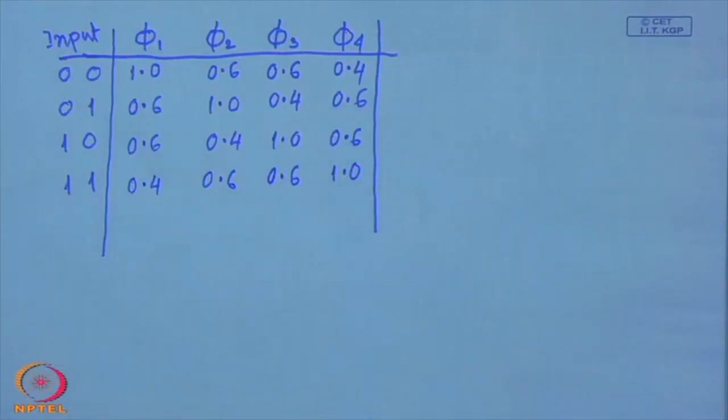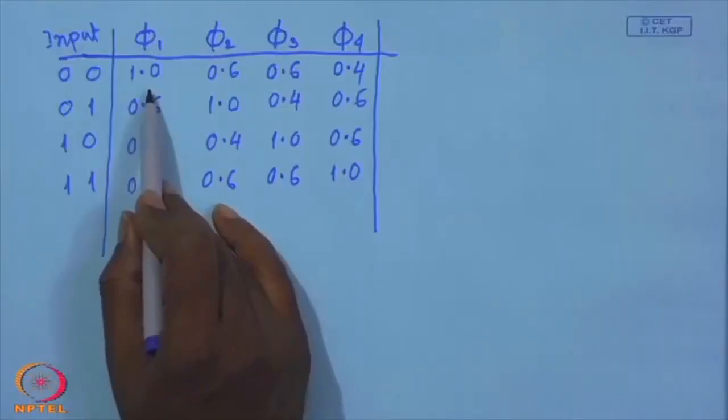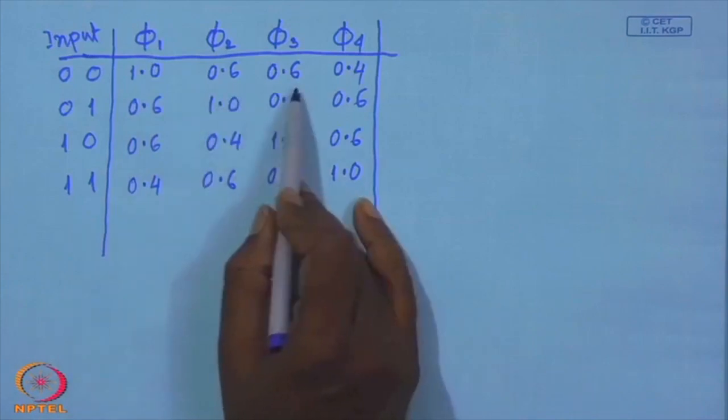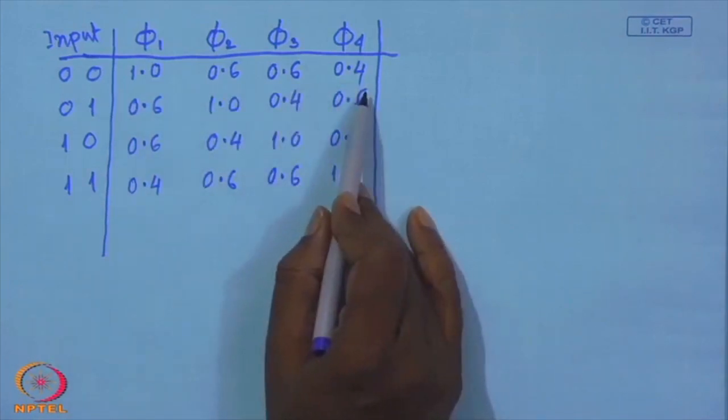So, you find that given a two dimensional feature vector 0 0, this has been cast into a 4 dimensional feature vector, where the components of this 4 dimensional feature vector are 1.0, 0.6, 0.6 and 0.4.